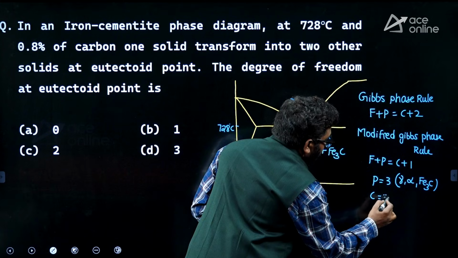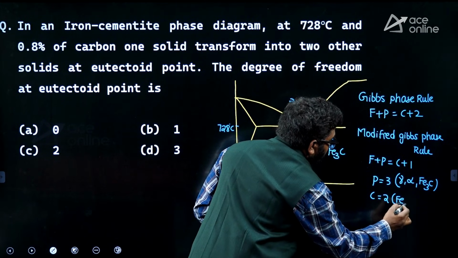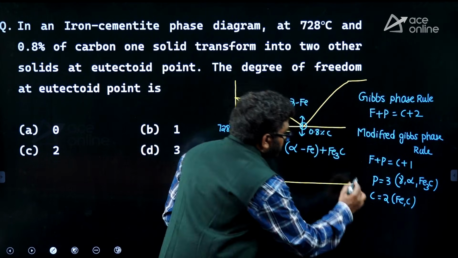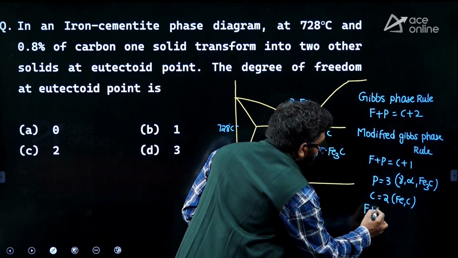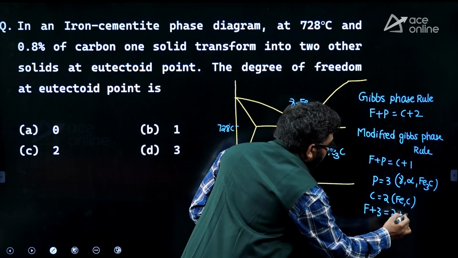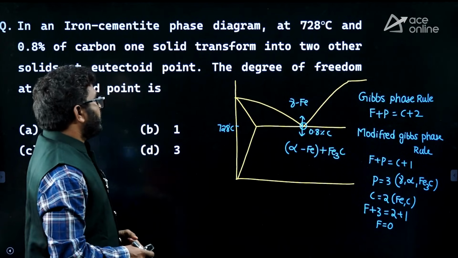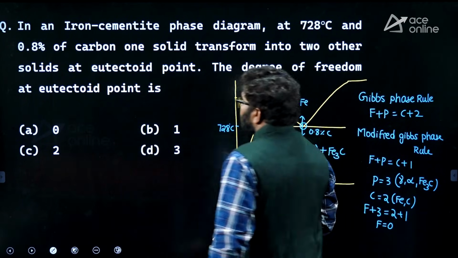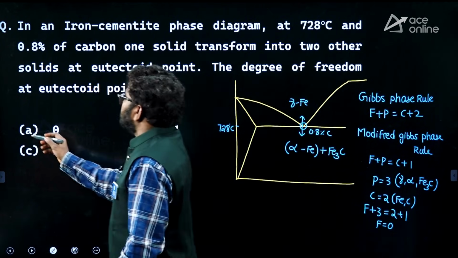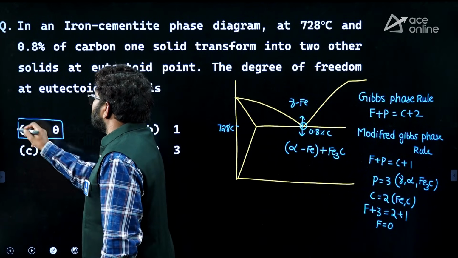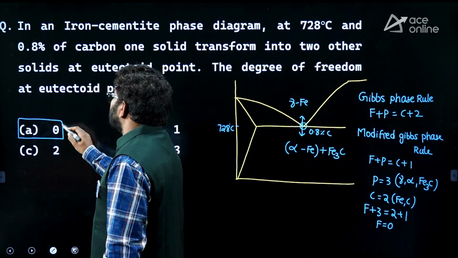Number of components are 2, iron and carbon. If I substitute these values here, I will get a degree of freedom of 0. So out of these 4 options, 0 is the correct option for this question.